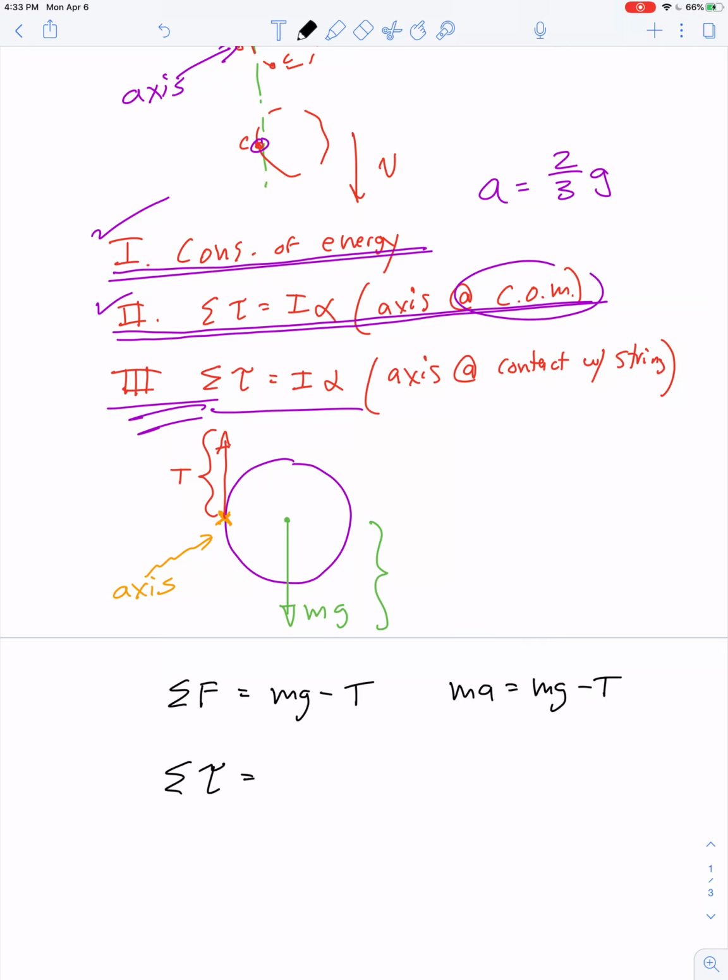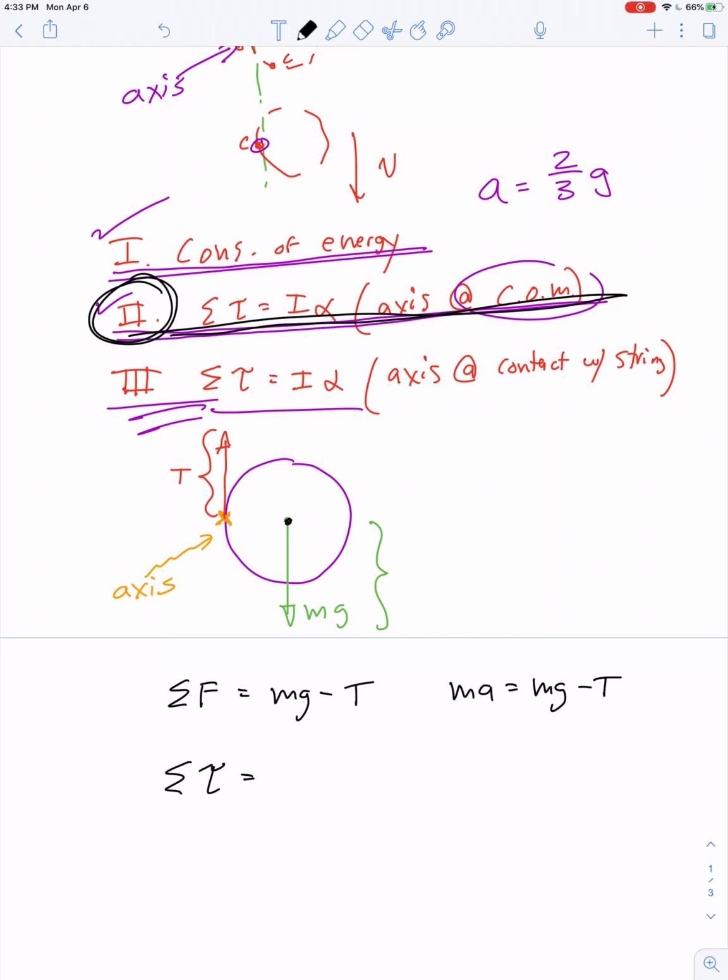And if anything, we need to identify which forces are torque producing and which are non-torque producing. So the first time we solved this problem in a previous video, we said that the force of gravity was non-torque producing and that the tension was the only force that produced a torque, because gravity, after all, acts at the center of mass.